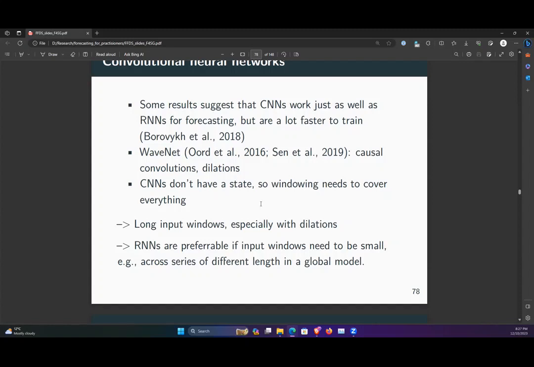So if you have a longer history of time series and you don't need smaller windows, the CNN approach would be more preferable than RNNs. But for time series with short input windows, or series with holes, or irregular, unequal lengths of series, RNNs would be the preferred approach for deep learning methods.